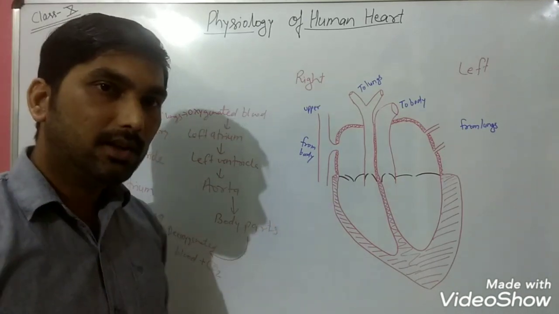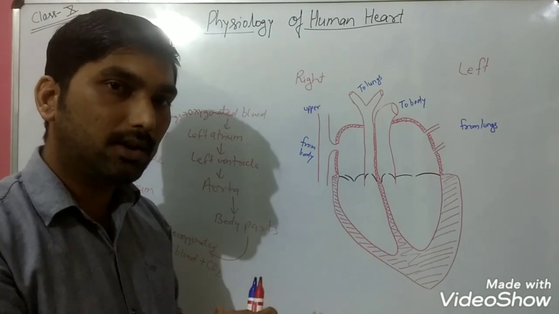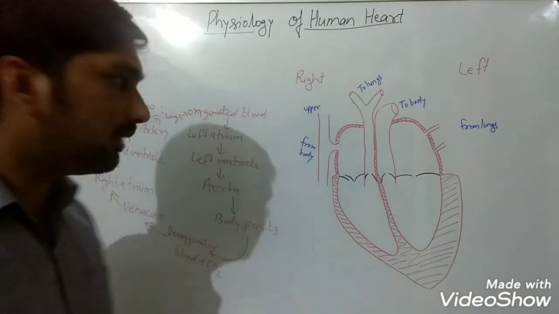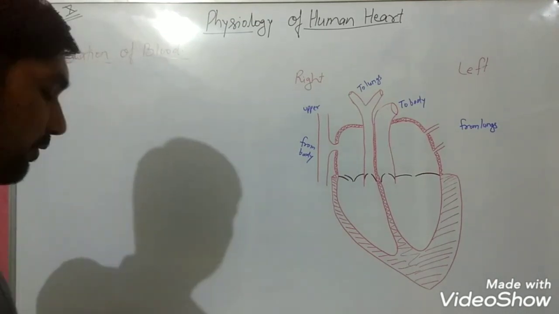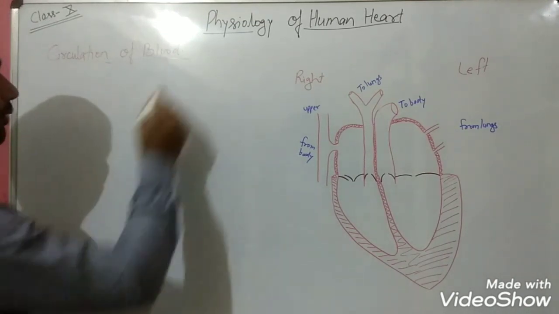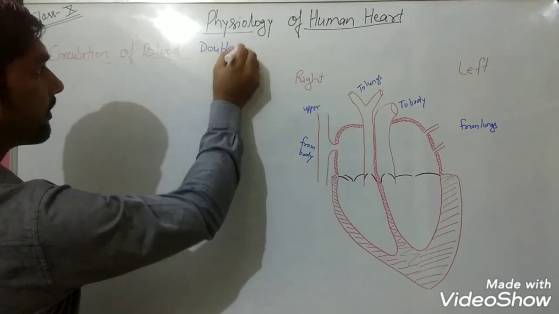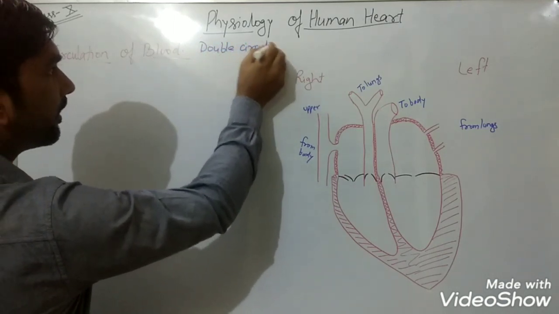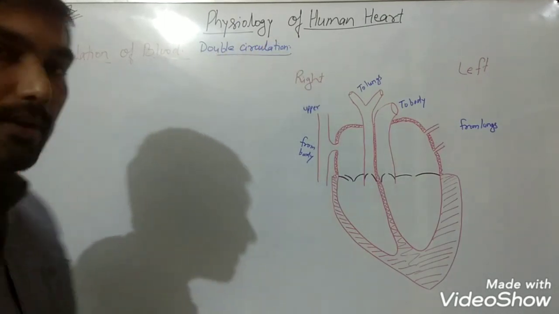Now we will see the circulation of blood, and why it is called double circulation. Circulation of blood in human beings is known as what? Double circulation. And why it is called so, we will see here.